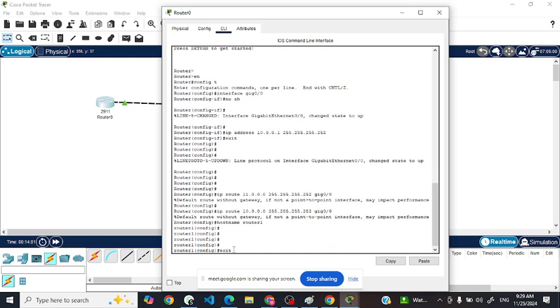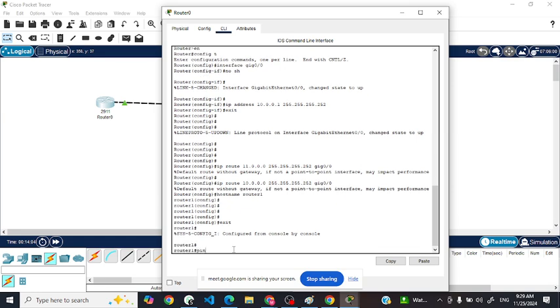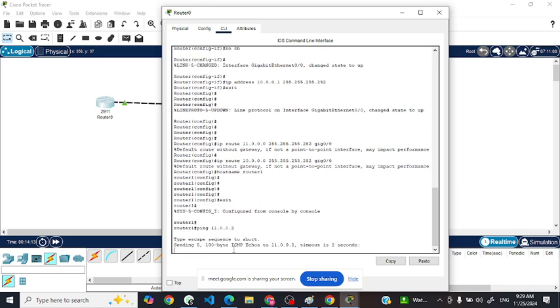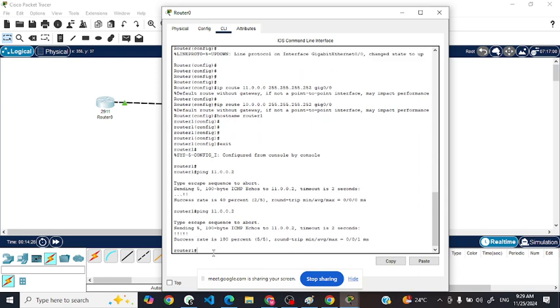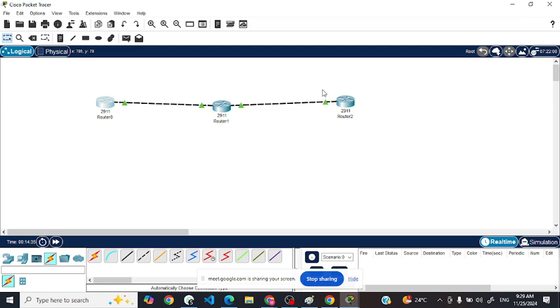Now let me try to connect from this router, I am pinging from this router to router 3. So guys, now you can see we are able to reach from this router 0, router 1 to this interface. We are able to ping.